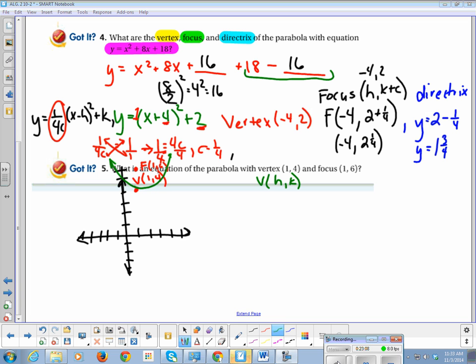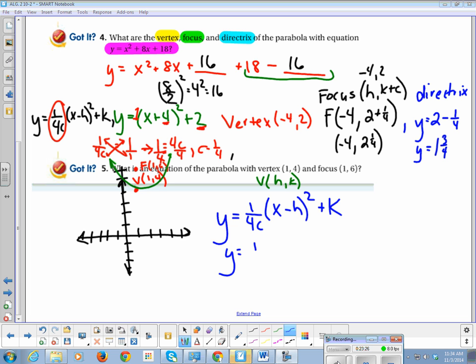So it's a vertical parabola, our classic y equals 1/4c x minus h squared plus k.